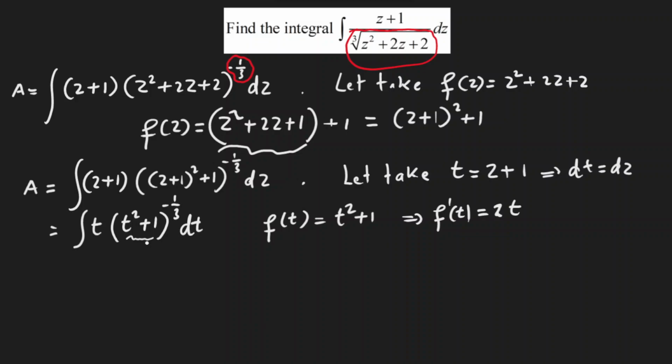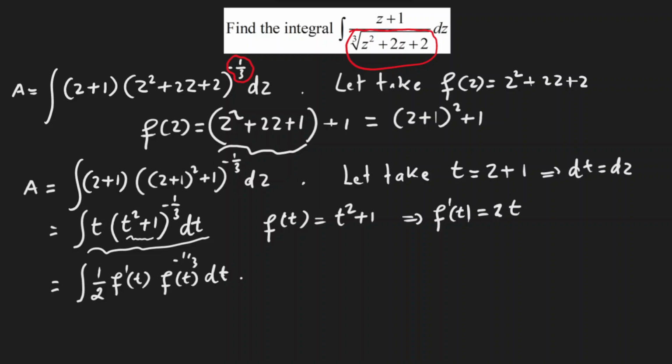So it means that we can write this expression as t, f prime of t is equal to 2t. It means that t will be f prime of t divided by 2. So that will be half f prime of t times f of t to the power negative 1/3 dt.